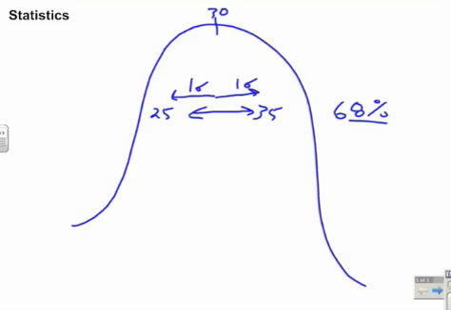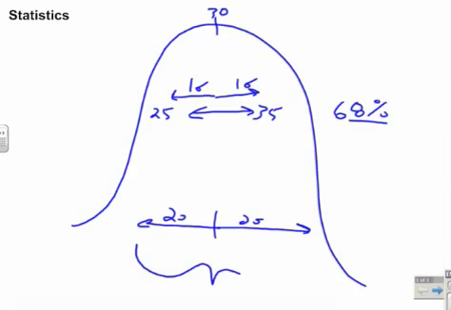But somebody says, well, 68% confidence, that's not very good. Give me a better confidence. Give me a better idea of what the real range is going to be. And so then you say, all right, I'll take it out to plus or minus 2 sigma, which we said brought in 95% of all the possibilities.